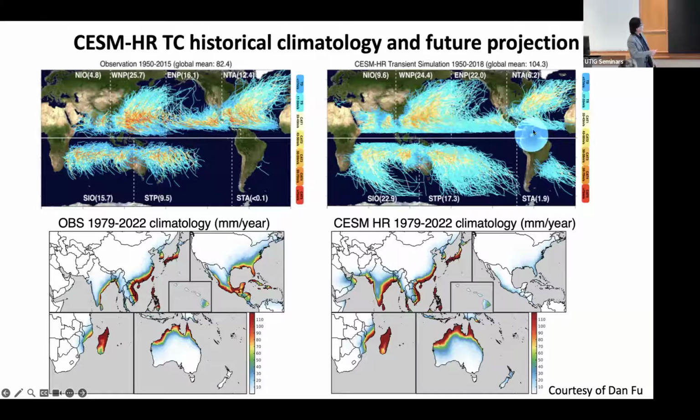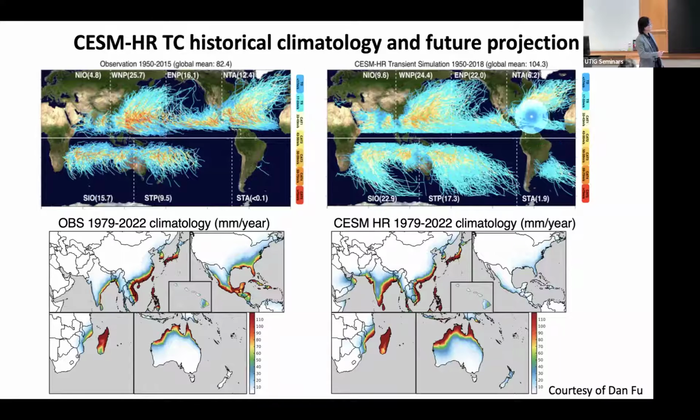You can see the high resolution model is now doing a decent job in capturing the observed structure, with some caveats, of course. One particularly bad feature of the model is in the South Atlantic Ocean, where the model produces way too many hurricanes. And we're not the only model; many models do the same thing.